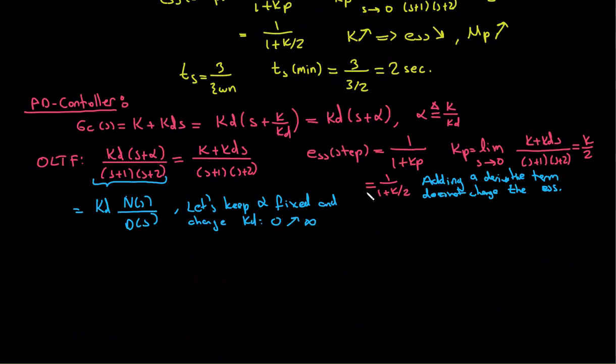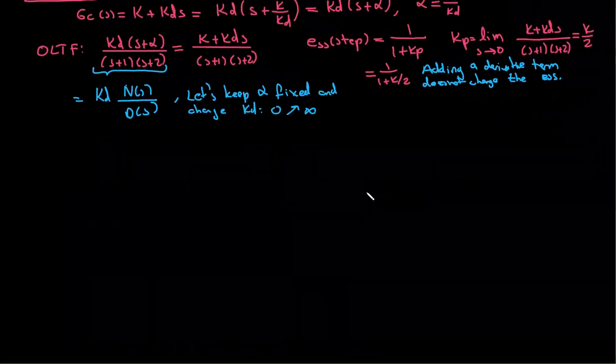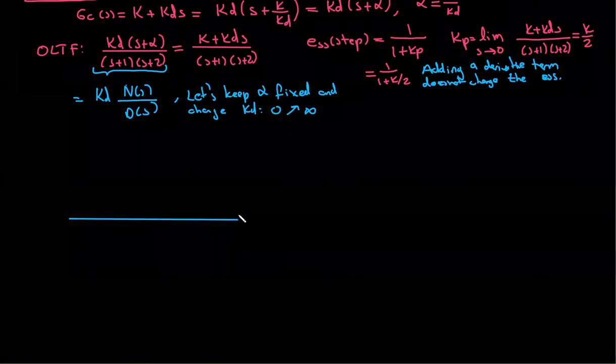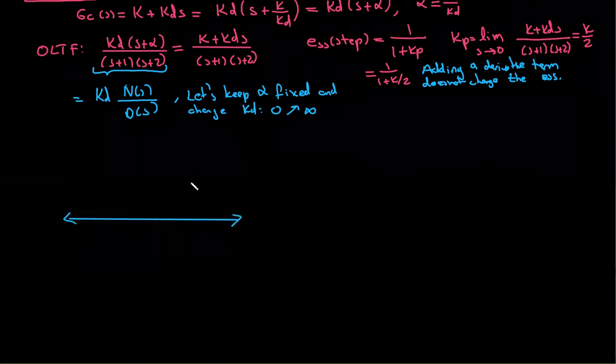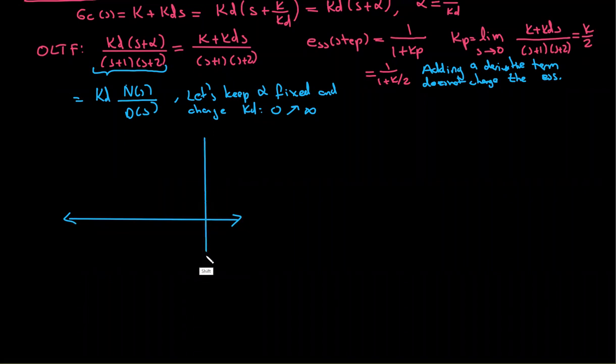So I will plot the S-plane here first. Sorry about that. Okay, so let this be the real axis. Let this be the imaginary axis of my S-plane. So what are the pole locations here? It is -1 and -2, right?